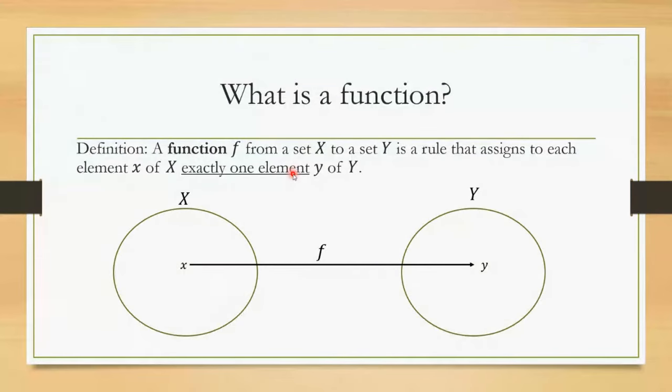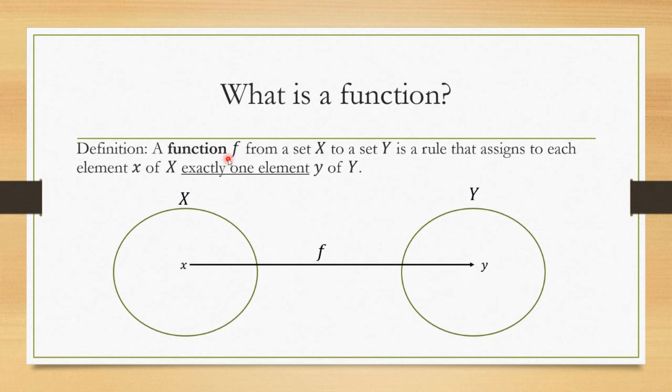Well, let's suppose we have these two sets. Usually people denote a set by capital letters. You have capital X, you have capital Y. So these are two sets. By definition, a function is a rule. It assigns to each element little x from the first set to exactly one element little y in the second set.